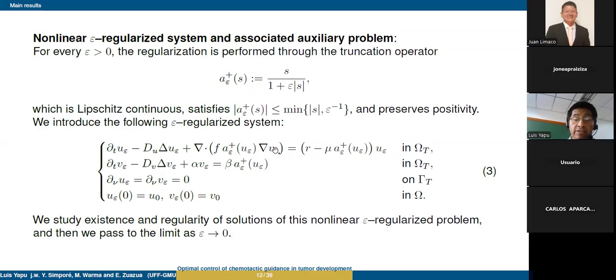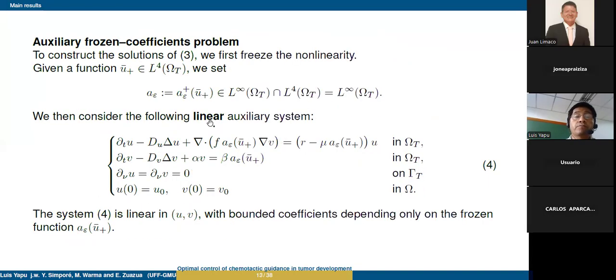This is the regularized system, and we will show that there is a solution of this equation, and that afterwards we can pass to the limit when epsilon goes to 0, and the estimates we get are independent of epsilon. Okay, so this is the linear auxiliary system.